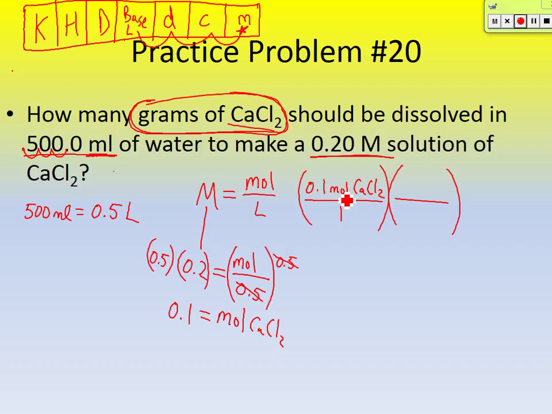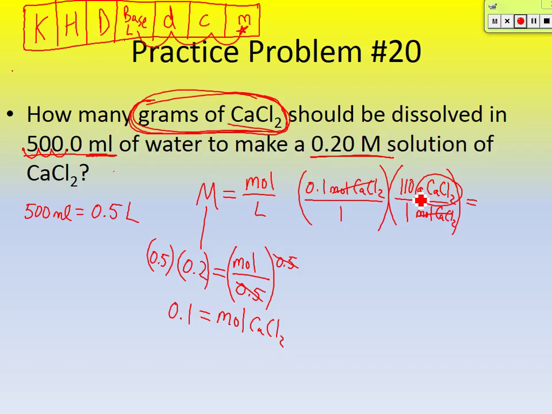If moles of calcium chloride is on top, we know it's got to go on the bottom. In 1 mole of calcium chloride, how many grams are there? It's the same as the previous problem, calcium chloride. So it's 110. Wasn't it 110, guys? Yeah. Yeah, 110 grams of calcium chloride. Now, if you look here, my moles cancel out, and I'm left with grams of calcium chloride, which is what I wanted. So we're done.